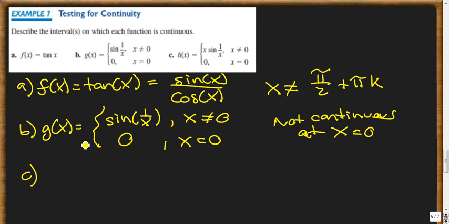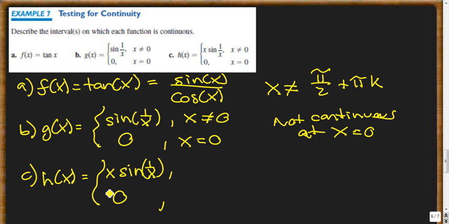C, this is a little bit different, because this kind of involves the squeeze theorem. So this is x times the sine of 1 over x, and 0. But here's the important thing: it's x times the sine of 1 over x. Big key here, this can't be 0, but this can.